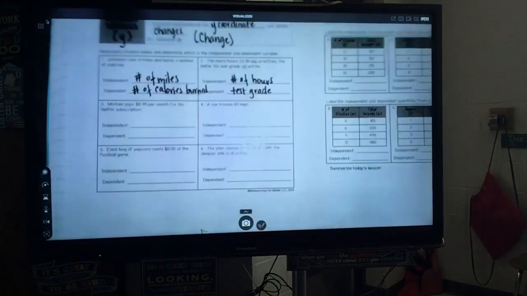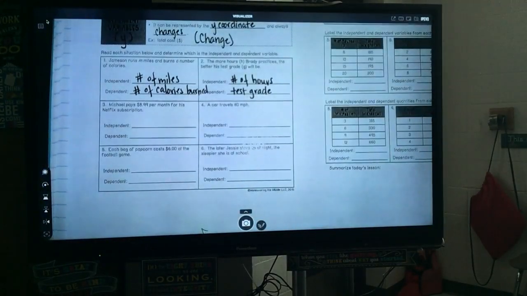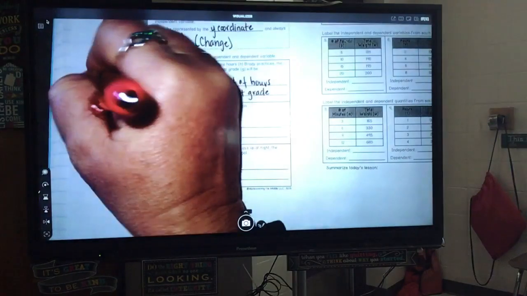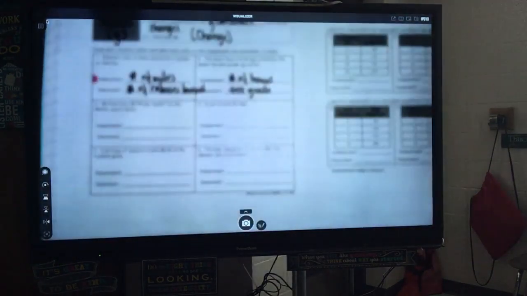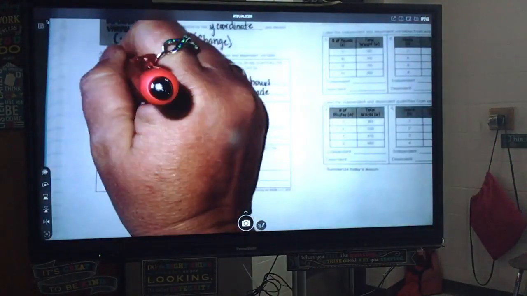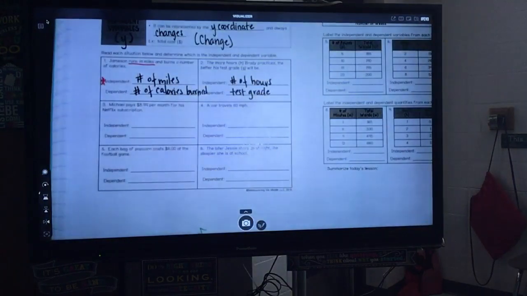Alright, so we've done these two. Now this is where your color is going to come in. I want you to pick a color that's going to represent your independent for the rest of the day. It doesn't matter what color. I'm going to put a little star next to the line with my color. My color for independent is going to be red, so I'm going to underline runs M miles in red.